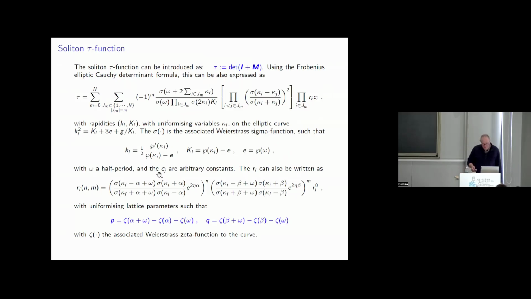And the corresponding dynamical variables, the plane wave factors, can also be expressed in terms of these uniformizing variables, and also with uniformizing variables alpha and beta, which are the ones associated with the lattice parameters. So alpha is related to P and beta is related to Q through these formulas. Zeta here is the Weierstrass zeta function. So this is all pretty straightforward.